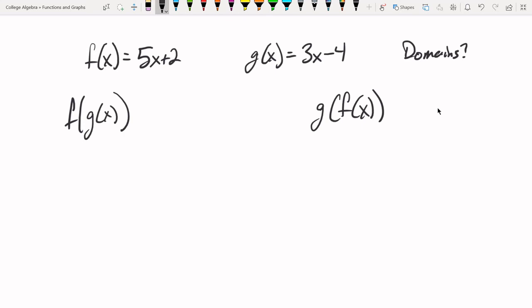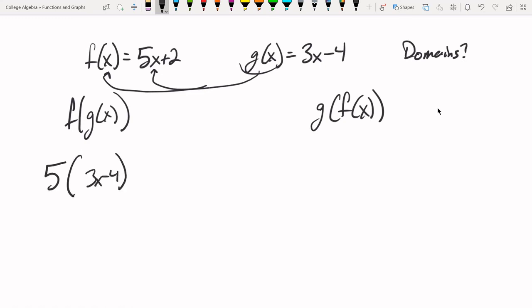In the first one, we're plugging g of x into f of x, or in other words, into the x value. So f of g of x is going to be 5 times x, which is 3x minus 4, plus 2. 5x plus 2. That's all I've done there.